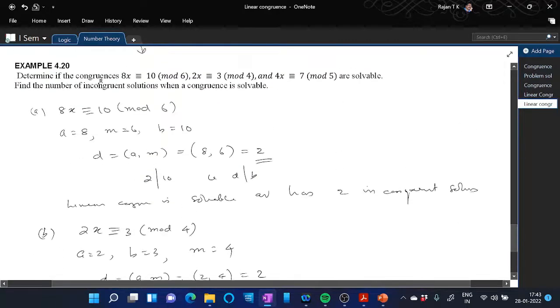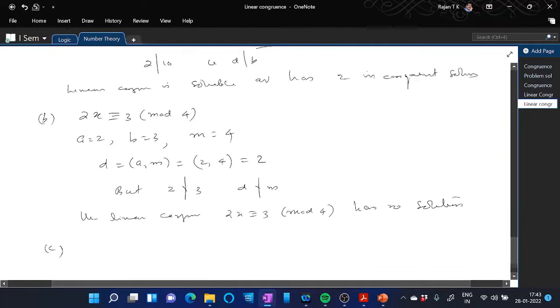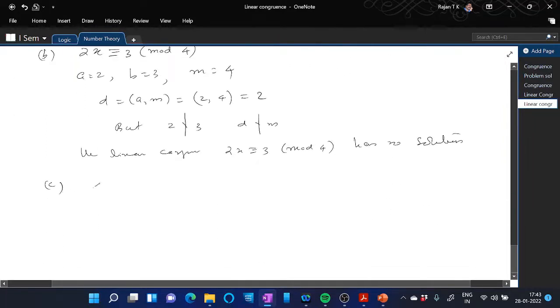Now the third example is 4x ≡ 7 mod 5. Here A is 4, B is 7, M is 5. Calculating D, which is the GCD of A and M, that is GCD of 4 and 5, which is 1.